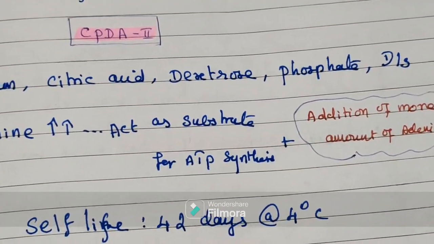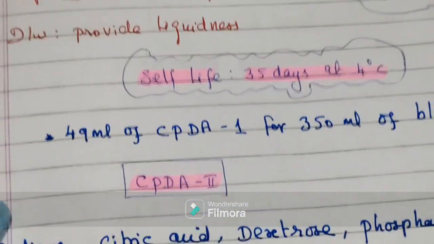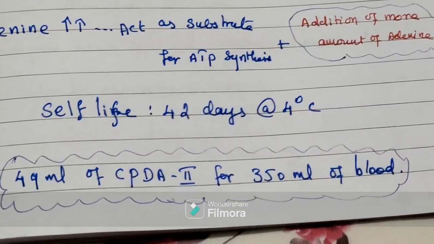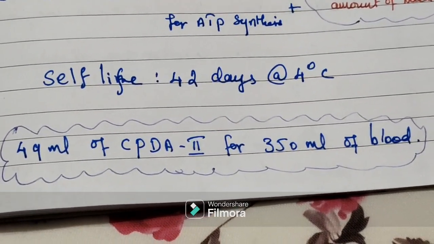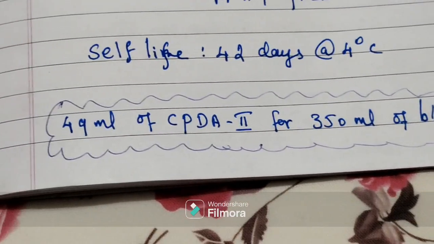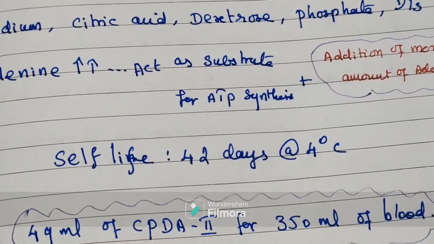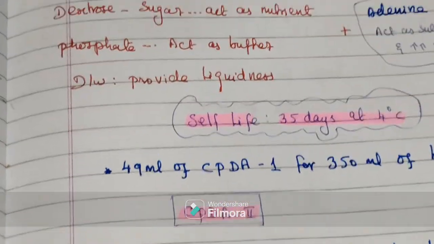Addition of adenine gives a lifetime of 42 days at 4 degrees Celsius, whereas CPDA1 has only 35 days. So 49 ml of CPDA2 for 350 ml of blood, same as before, but the extra adenine increases the lifetime to 42 days.